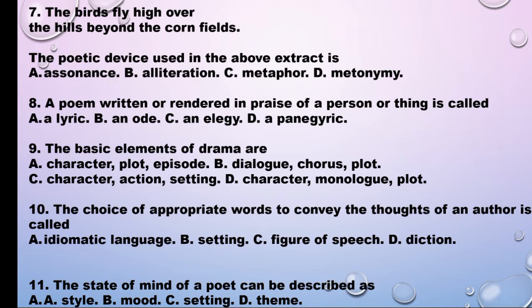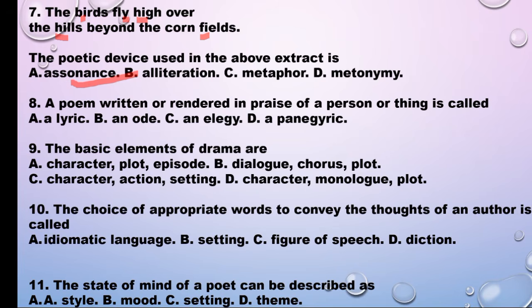The birds fly high over the hills beyond the cornfields. Here our right option is assonance. Assonance is the repetition of vowel sound between the lines of a poem. All right, so we continue.